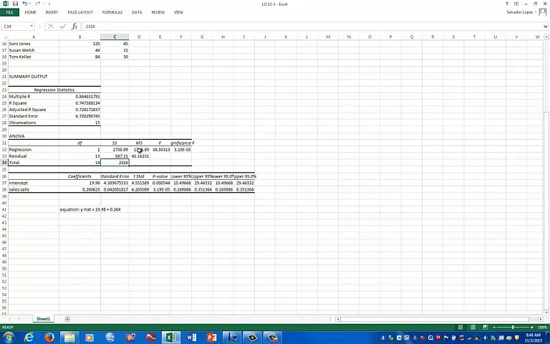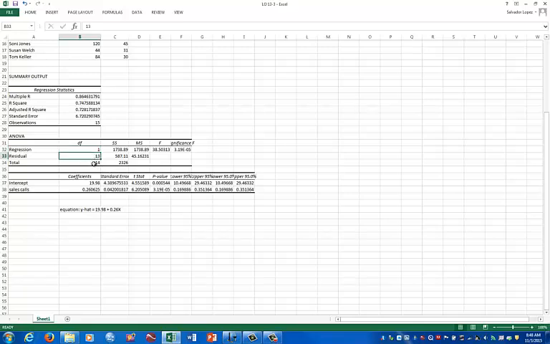All right, so this is a more detailed explanation of where these numbers are coming from. And then the MS of the regression is calculated the same way as in chapter 12. You take the SS divided by degrees of freedom, 1. And this MS, the MSE, is the SSE divided by its degrees of freedom. Now, the degrees of freedom of the regression equals k minus 1, number of variables minus 1. 2 minus 1 is 1.